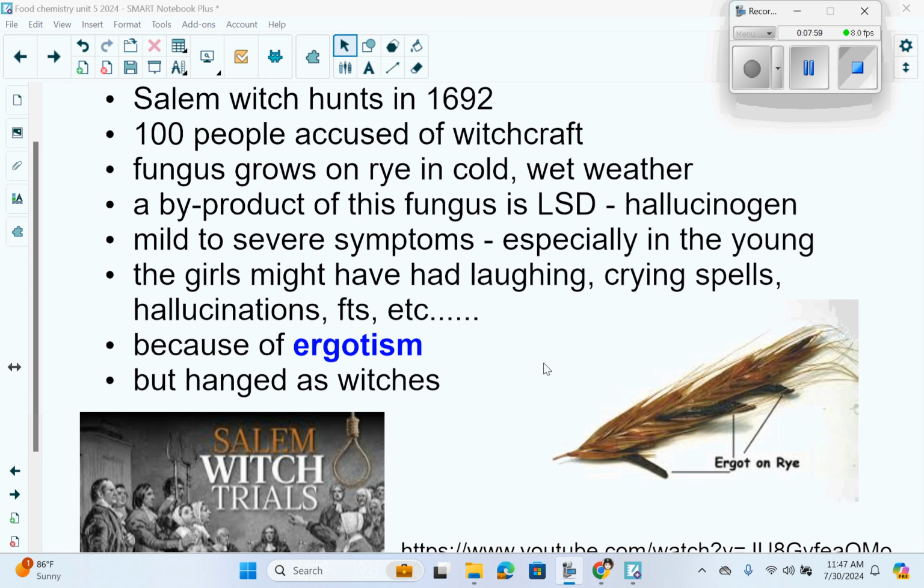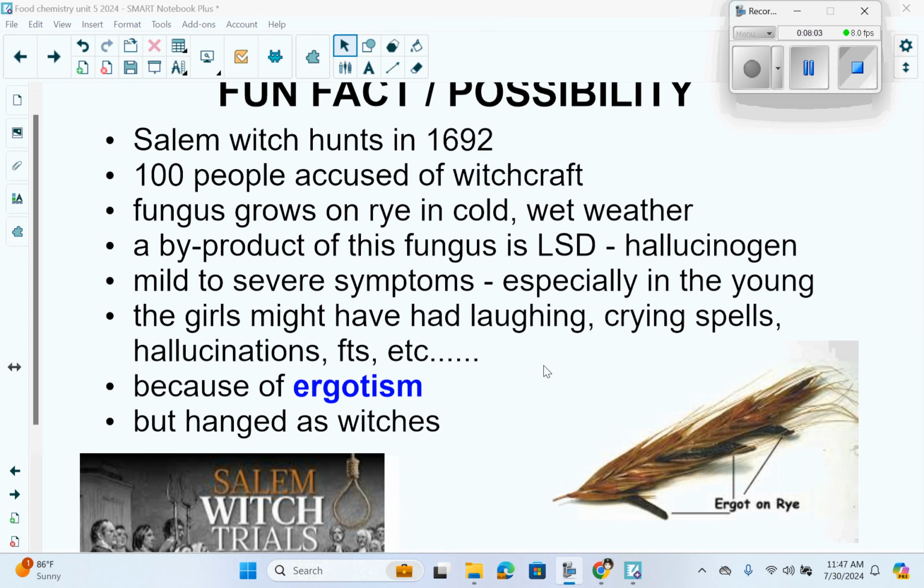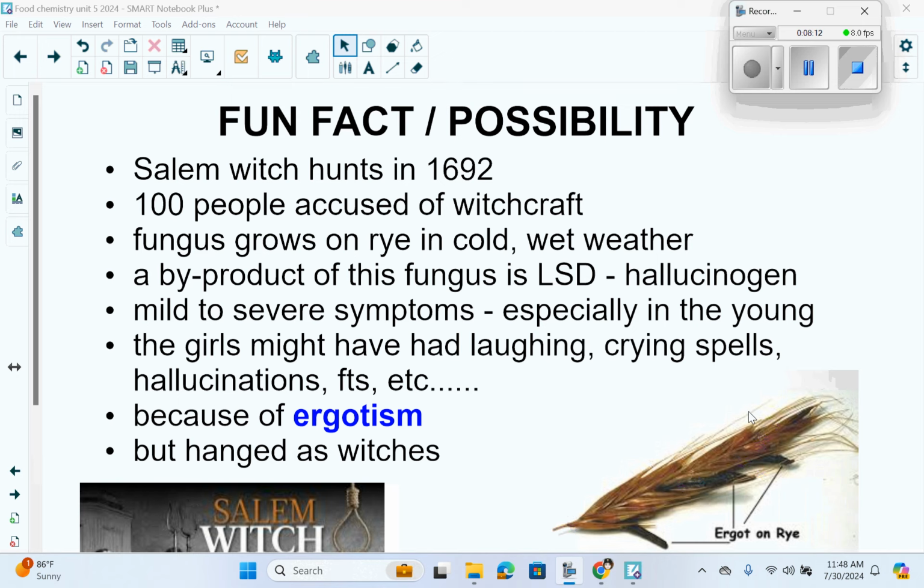It could have been other things causing this. Whether or not it's witchcraft, that's up to your beliefs. But there is the possibility that they could have had ergotism, where a fungus produced symptoms similar to LSD. Just a fun fact, possibility.